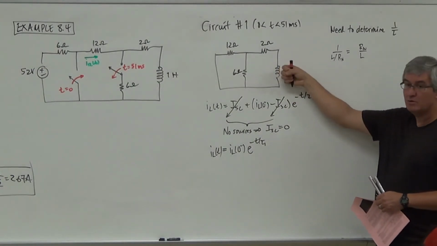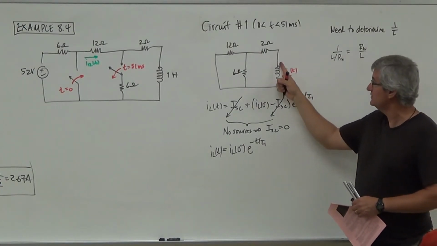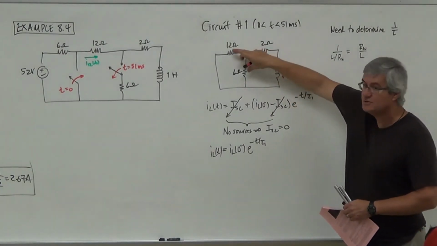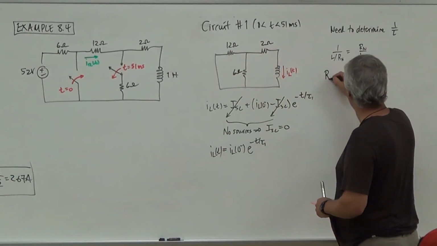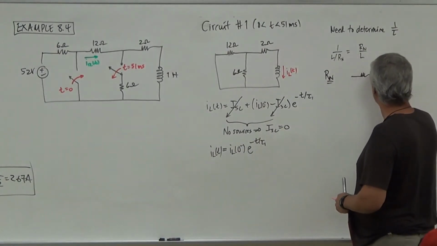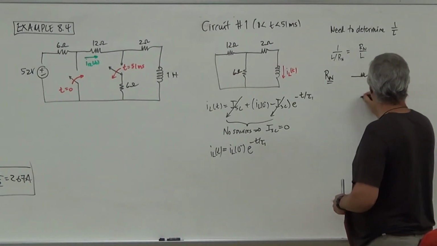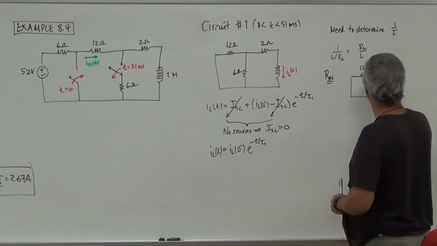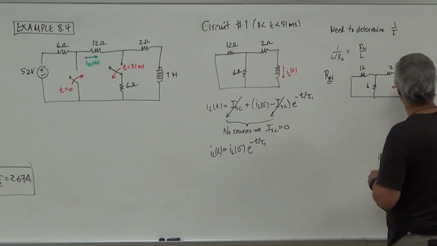I'm going to remove my load, and then if I follow the current, you can see this is going to be 2, and then these two are in parallel, and it comes back all the way around. So if I look at the Rn resistance here, my circuit looks like this. So this is a 12, a 6, a 2, and we're calculating this guy right here.